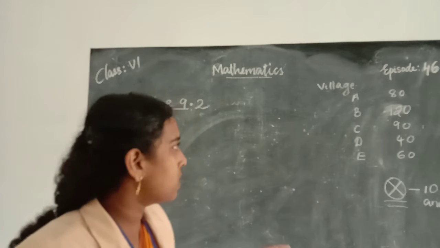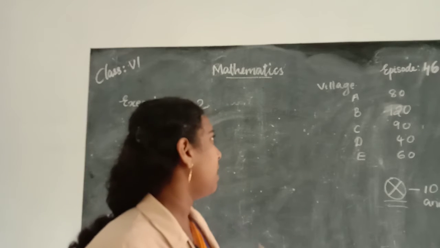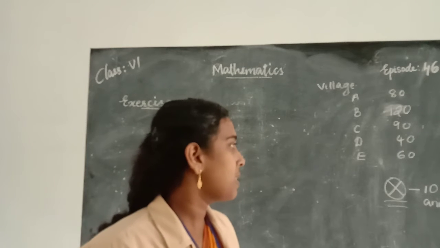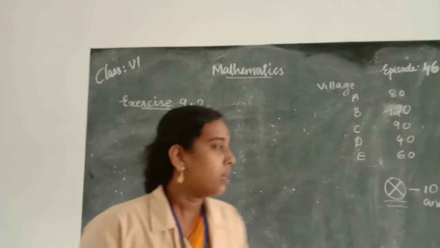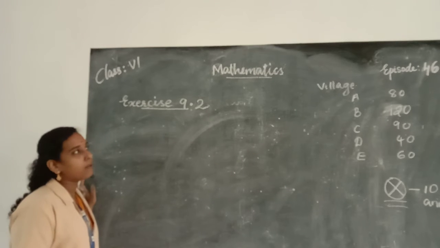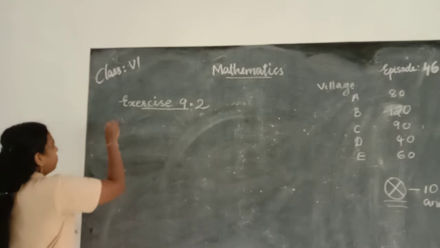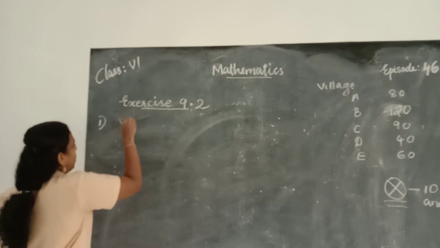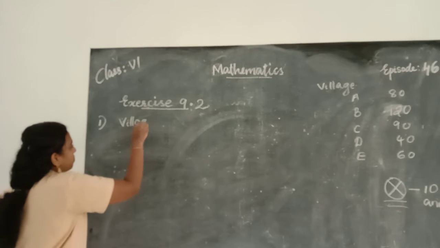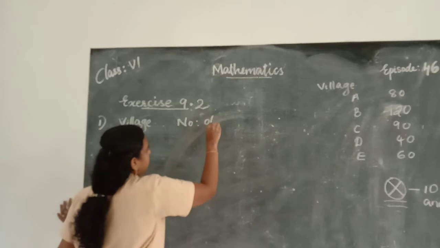For that, first draw a table with two columns: the first column is village, and the second column is number of animals.